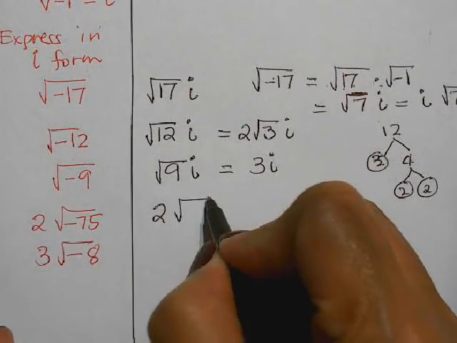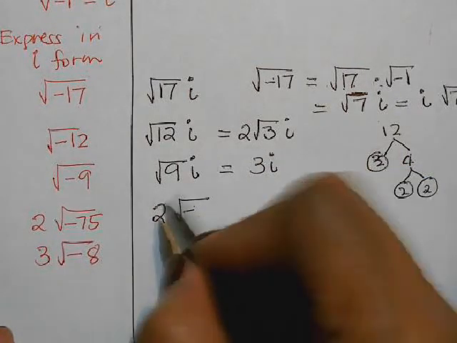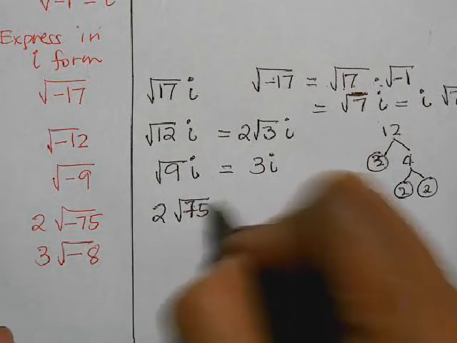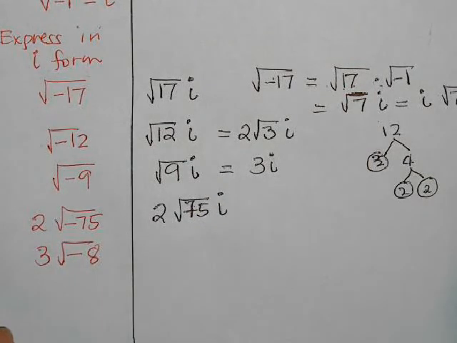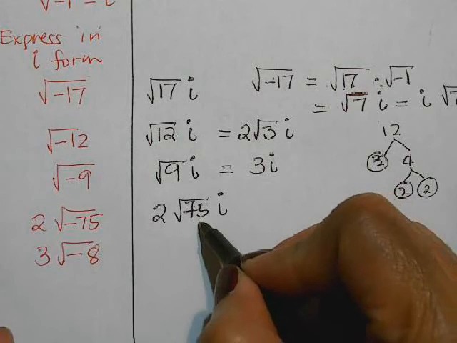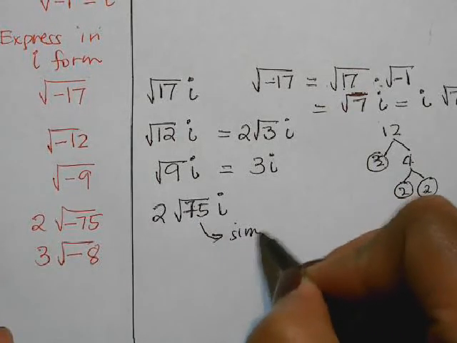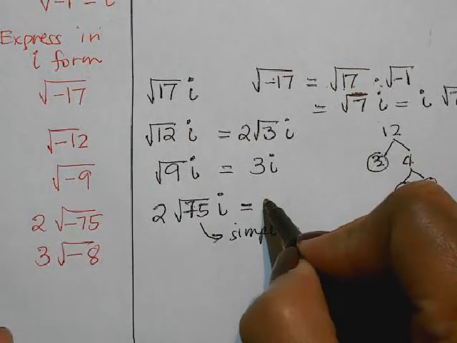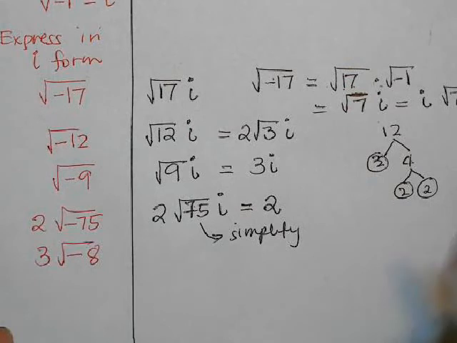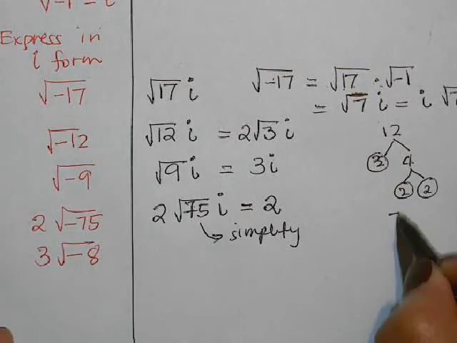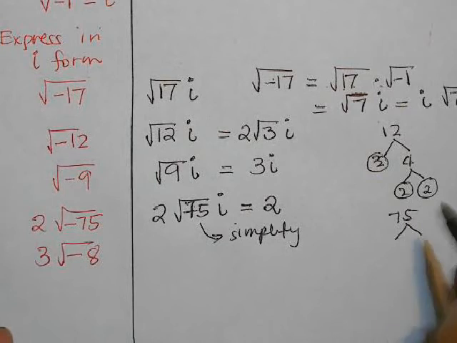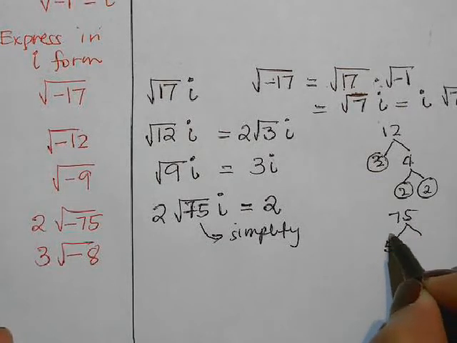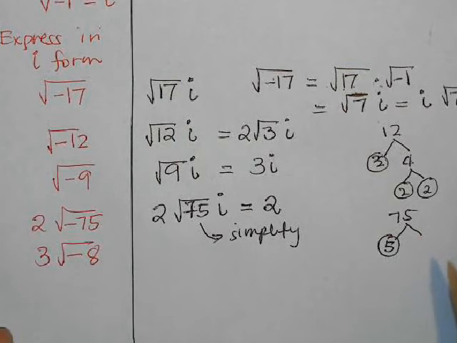Okay, so 2 times the square root of negative 75. That will be 2 times the square root of 75 times i. But the square root of 75, you have to simplify. So 2 is on standby. The square root of 75, do the factors. 75 is 5 and 15, and 15 is 5 and 3.